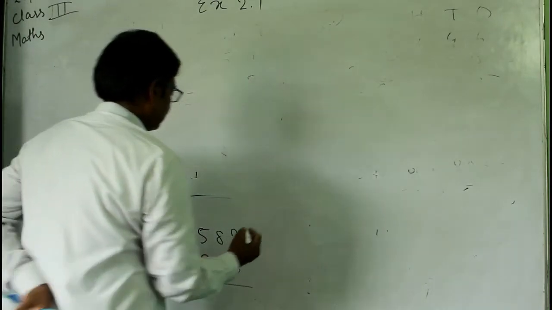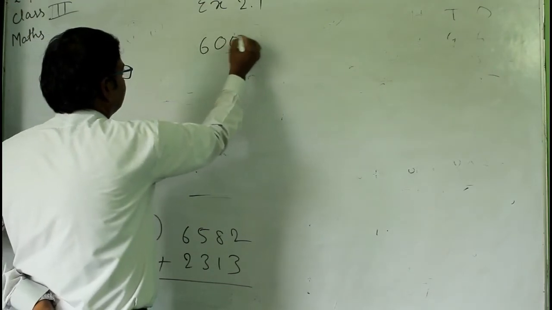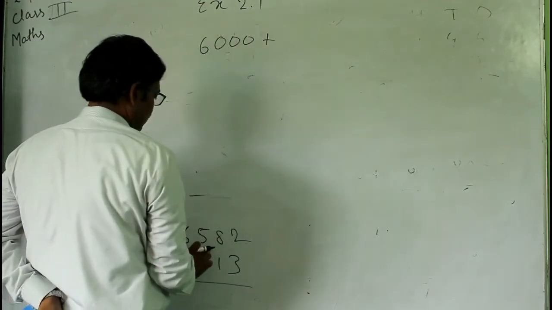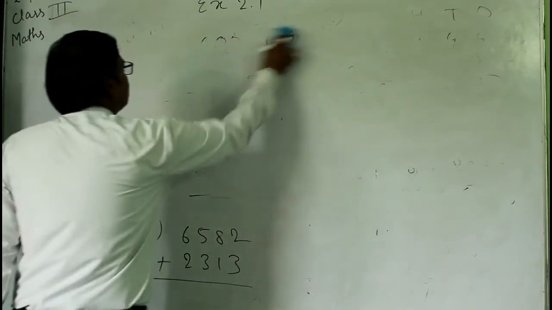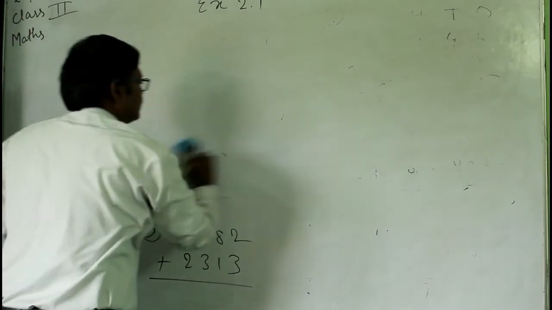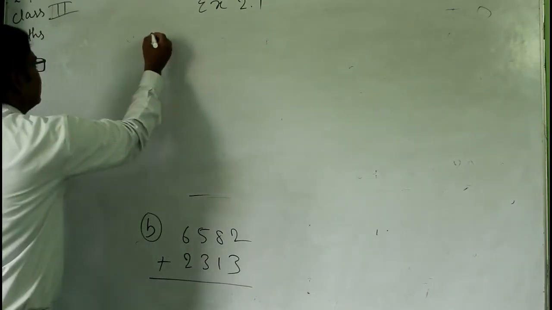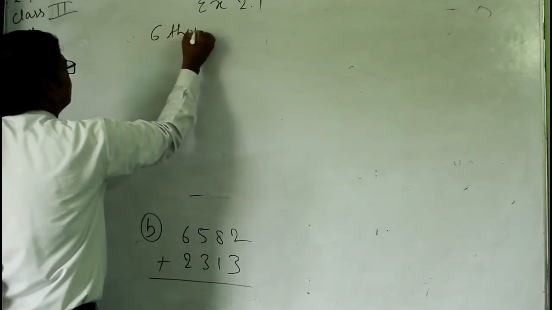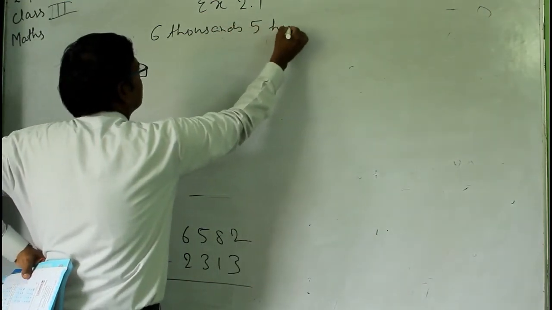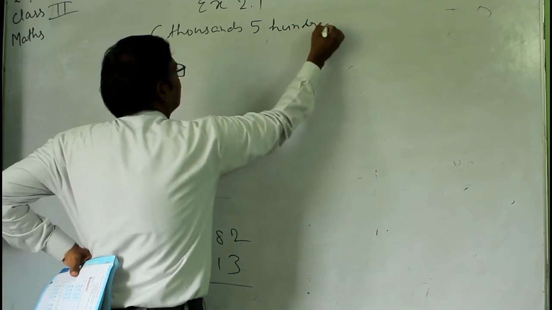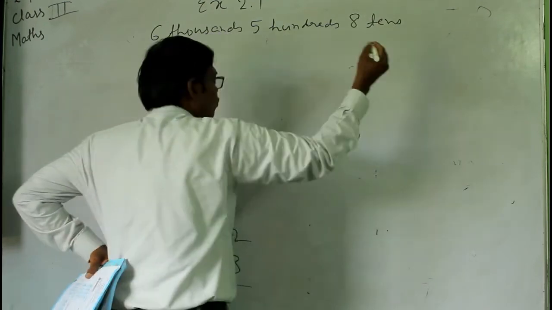So now here expand this number. It will be 6,000 plus 500. Or write in words also. Expansion means here you will write 6,000, then 500s, then 8 tens and 2 ones.